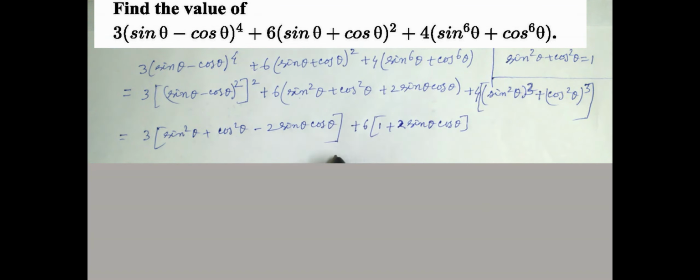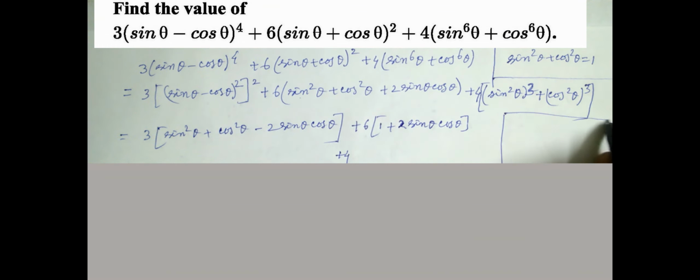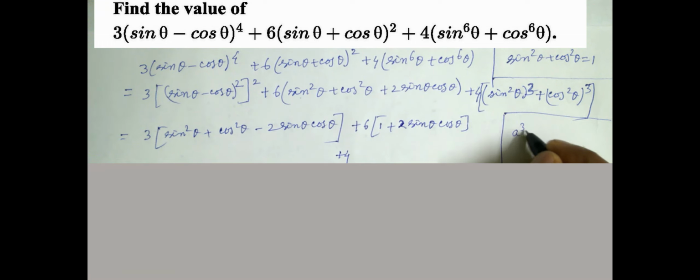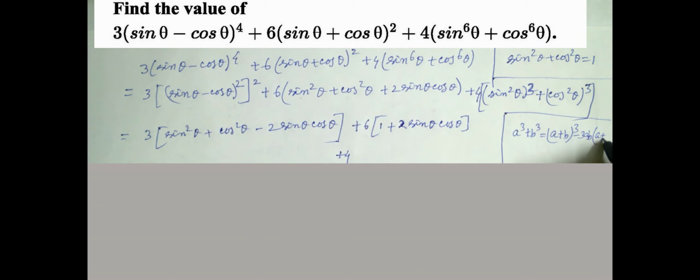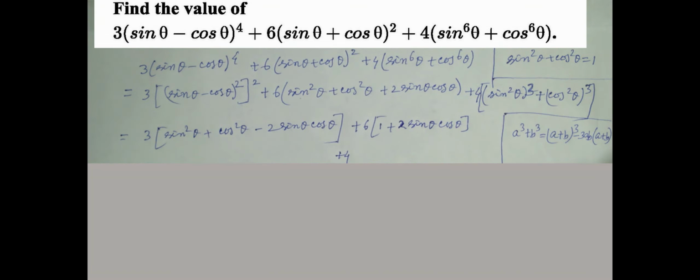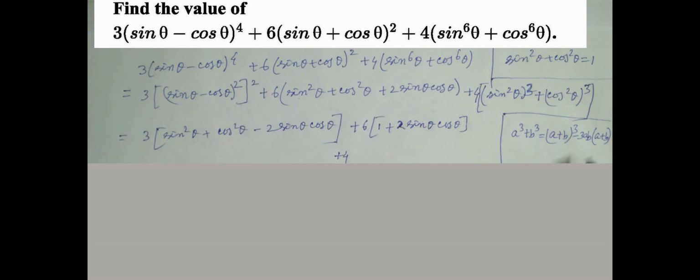Plus writing here 4. Here see, there is a formula in algebra: a³ + b³ = (a + b)³ − 3ab(a + b). This is the formula in algebra. So here assume a means sin² θ, b means cos² θ.